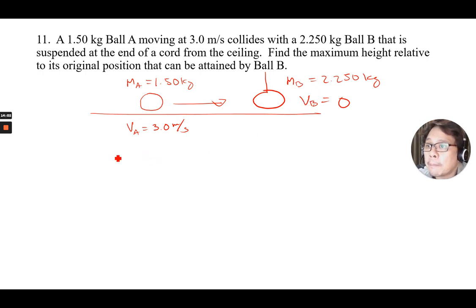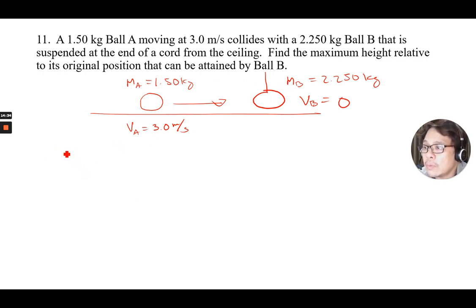So the question is, we have to solve for the speed VB prime to get the kinetic energy, and then it has all transferred to potential energy later on. So what is VB prime after they separated?